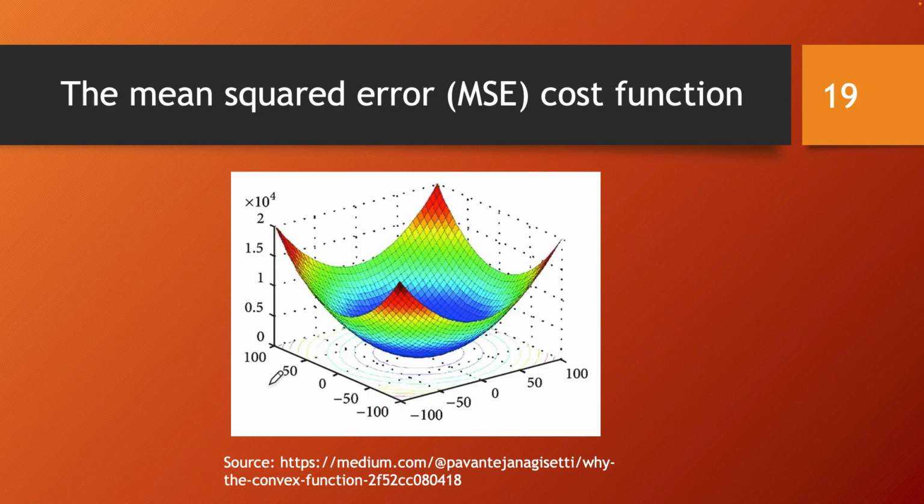In general, we say that this leads to a convex function, and convex optimization problems have a single minimum. So that means that your numerical algorithm, as long as you are careful with your choice of the learning rate alpha, is going to lead to the global minimum.